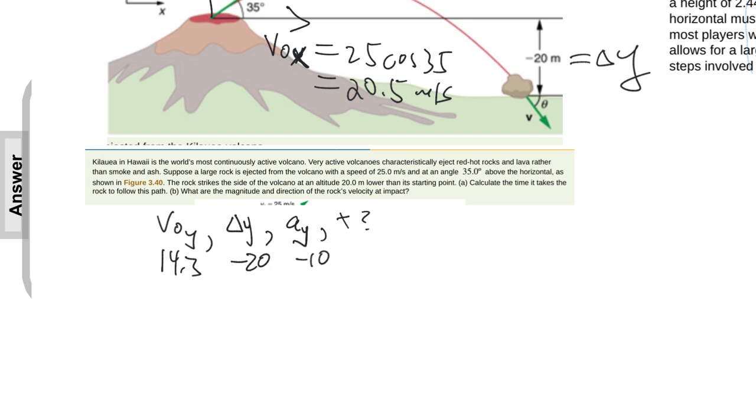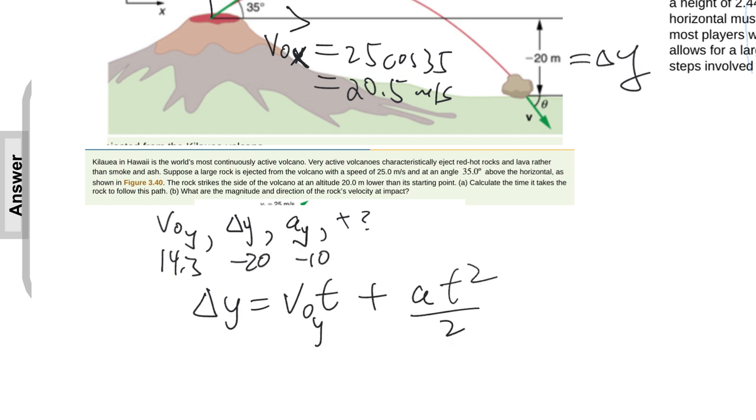So I think we can solve this by doing delta Y equals VOT plus AT squared over 2.